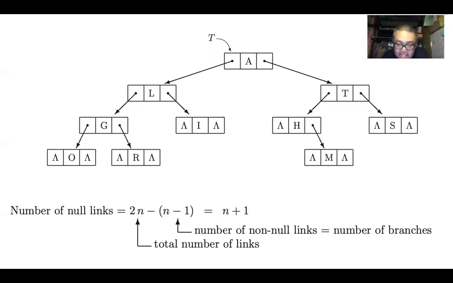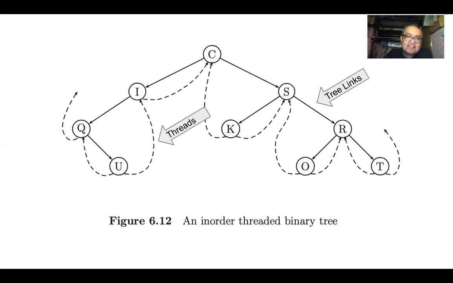null links. So, instead of having them as null, or instead of having useless links here, what we can do is add threads to our binary tree. So the lines here with arrows, the black lines here, are what we call the tree links.